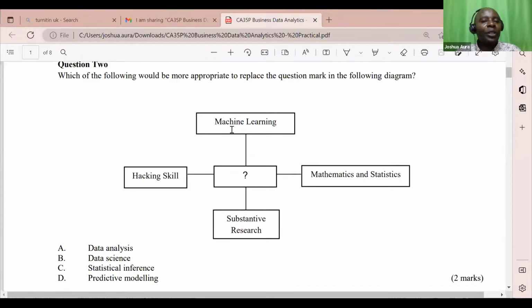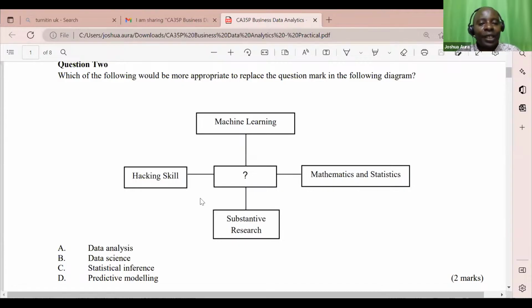Once we bring out the data that we need using this machine learning, through substantive research we shall be able to keep on getting more data, because we're talking of big data. And of course, we shall be able to change this data to information. Now we are making use of statistics.